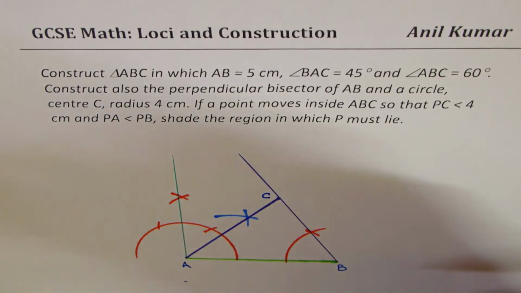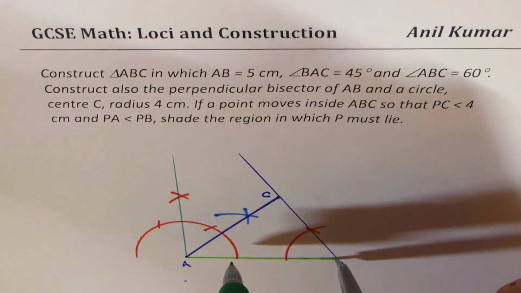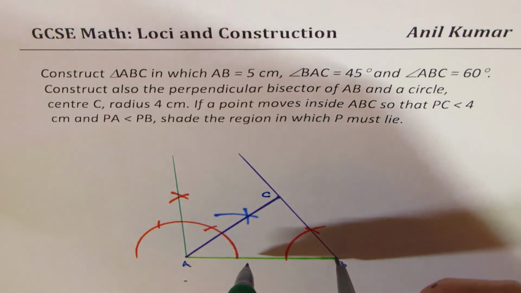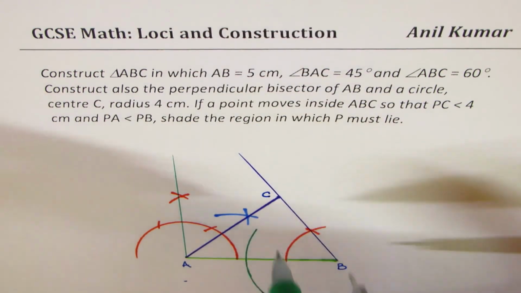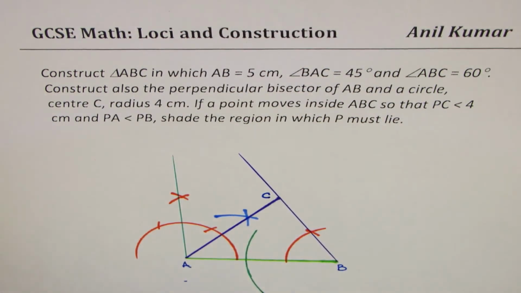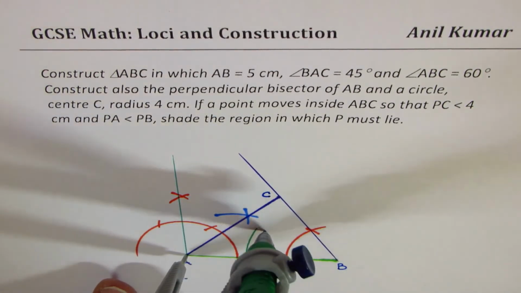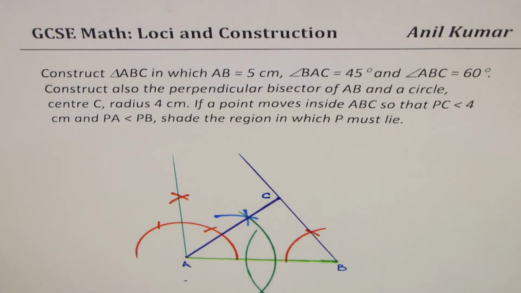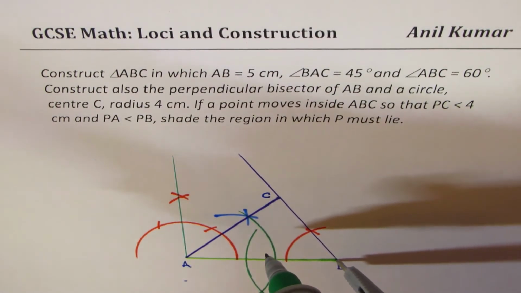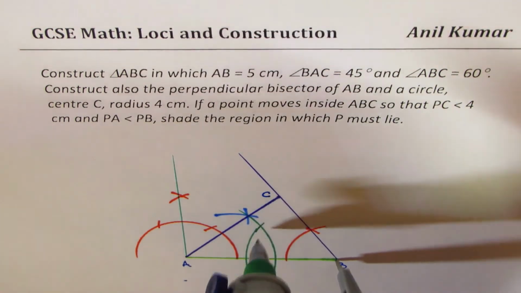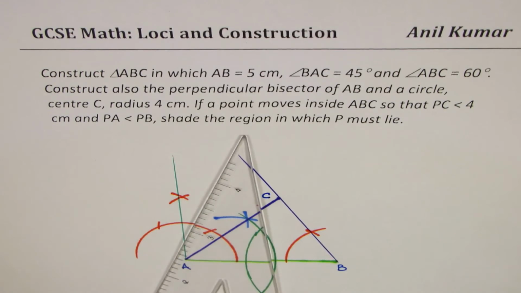Perpendicular bisector means you open the radius of the compass slightly more than half, right? And then mark an arc. So that should be a bit longer, but anyway, we'll try to manage it. So we get a perpendicular bisector here.